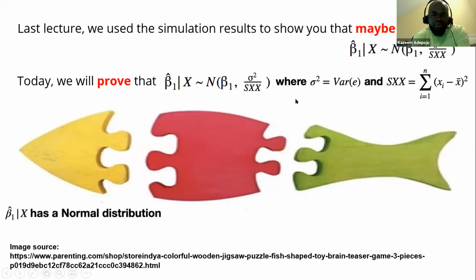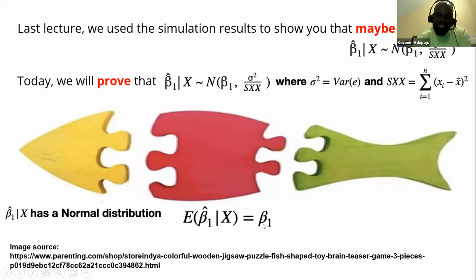Because of that, I'm going to say beta 1 cap has a normal distribution. If beta 1 cap has a normal distribution, I call the mean this. Another way to write the mean is the expectation: the expected value of beta 1 cap given x is this. So the statement means that the mean of beta 1 cap given x is beta 1.